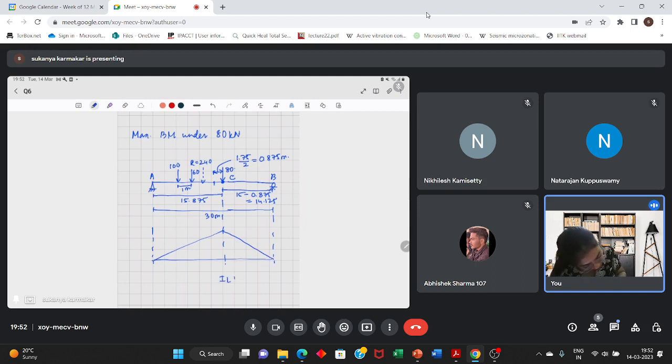This is the ILD for bending moment at C.